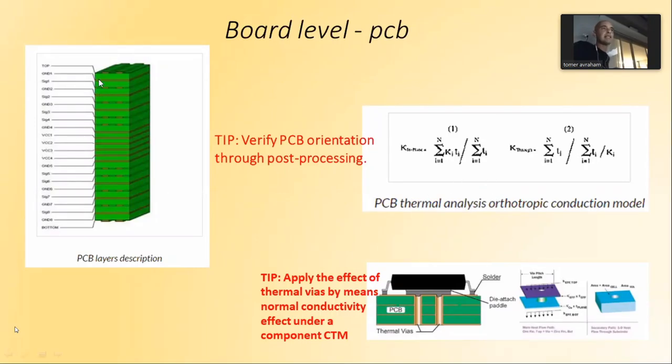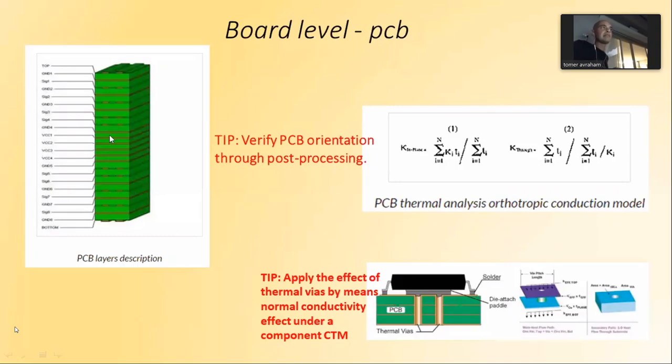The PCB has FR4 layers, a kind of plastic, kind of perspex, which is non-conductive, not very conductive. And it has ground layers, signal layers, power layers. Each of them has differences. A ground layer could be filled with copper, almost 90%. A signal layer could be a lot less.